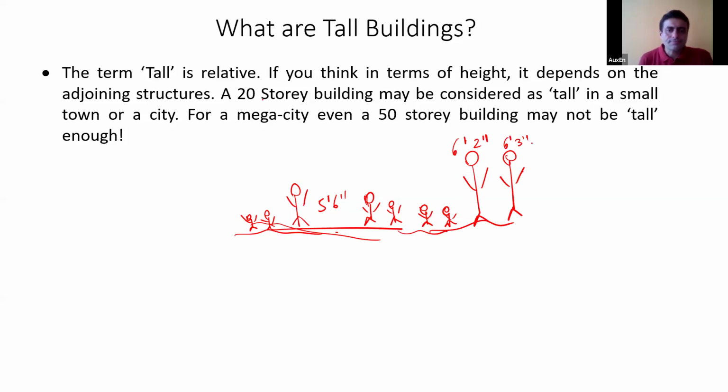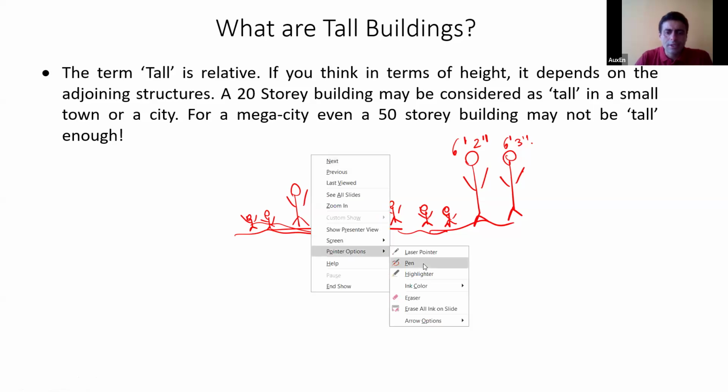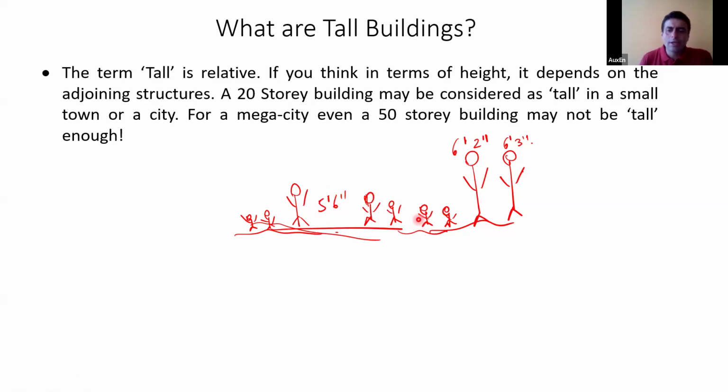For example, if I talk in terms of buildings, if you have a 20-story building in a tier 2 or tier 3 city like Indore, even a 20-story building will be considered a tall building.